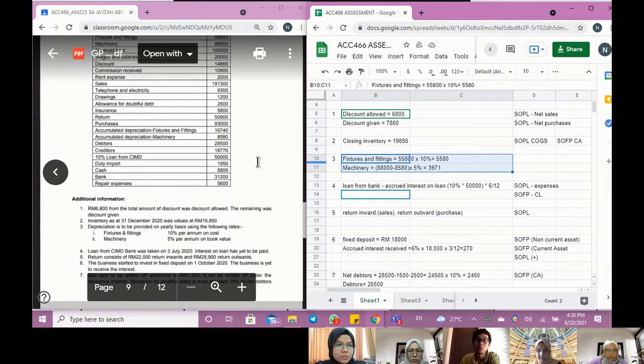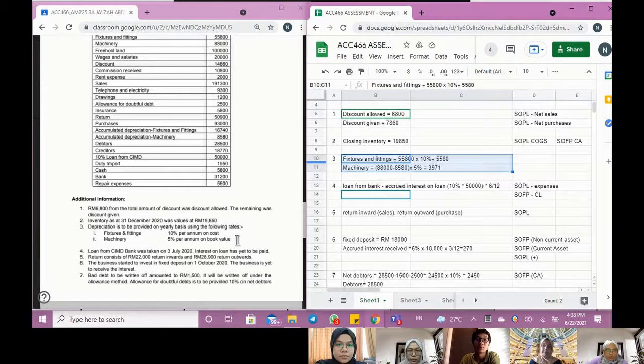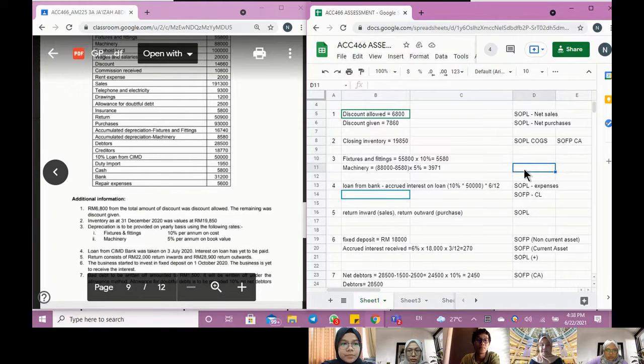Next, for the machinery, it was said that 5% per annum on book value, and the reducing balance method is as follows. Machinery equals 88,000 minus 1,500 as the value, times 5%, and the value is 3,979.